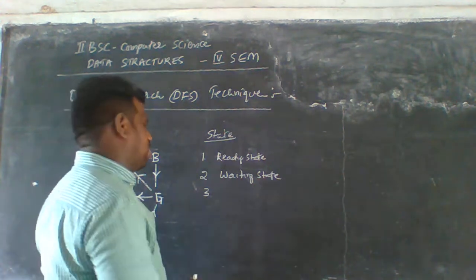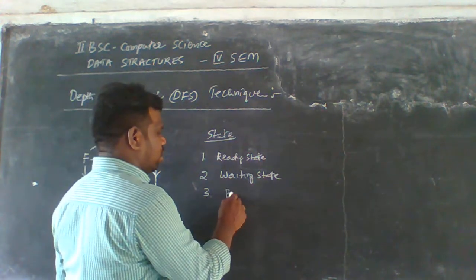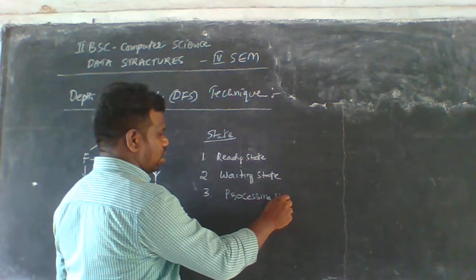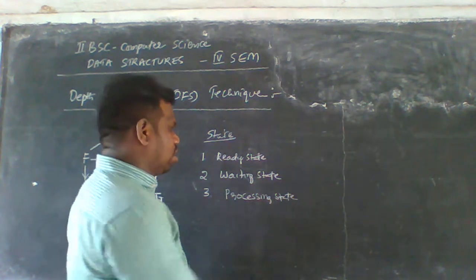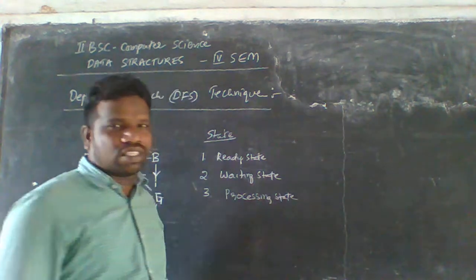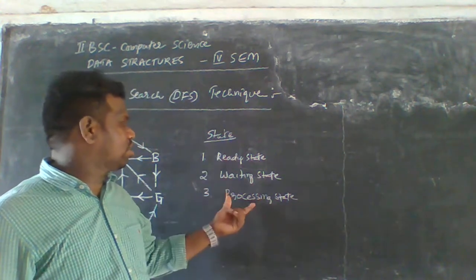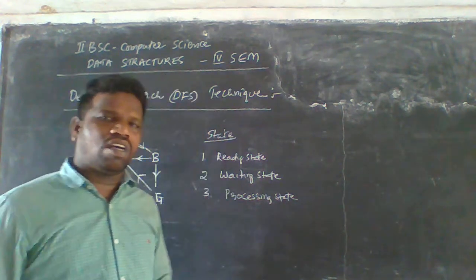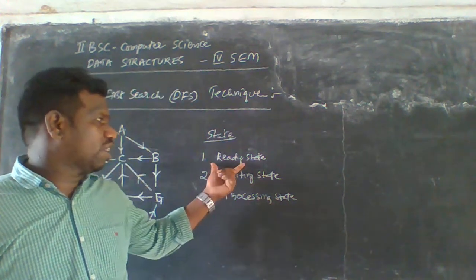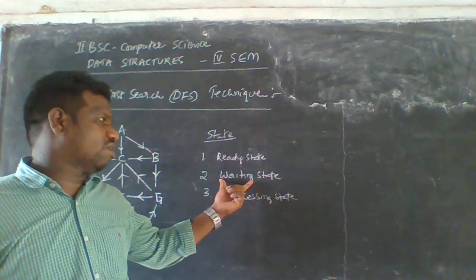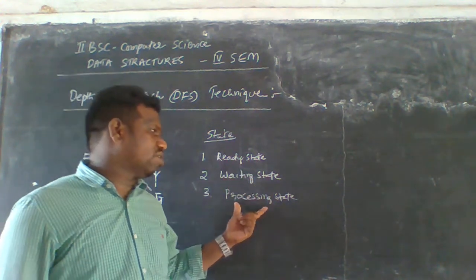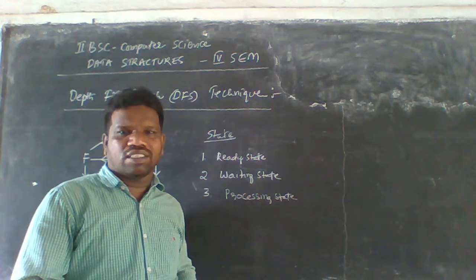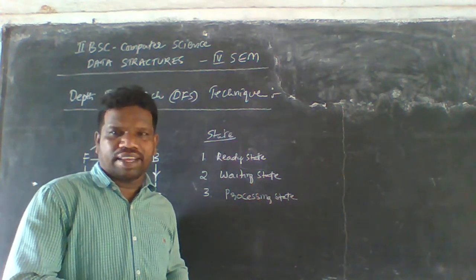And the third one is called the processing state. So in this algorithm we are going to start with the ready state, then the waiting state, then the processing state. These are called the statuses of the DFS algorithm.